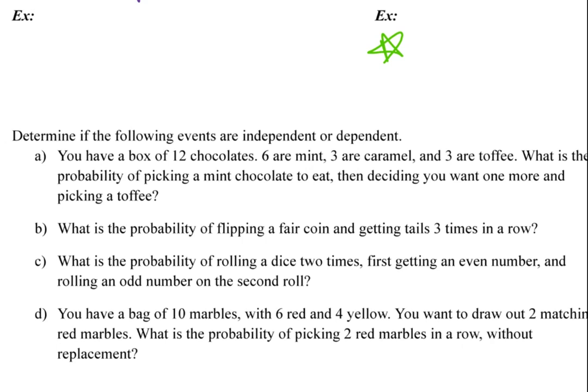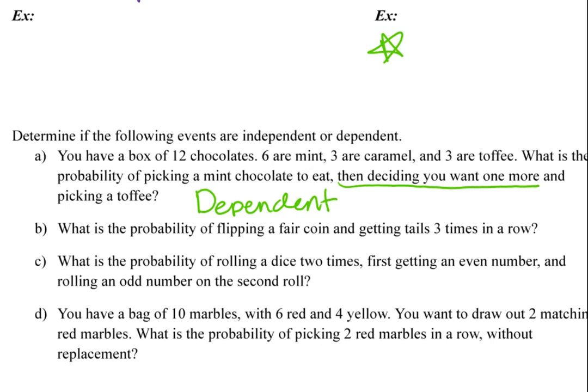Write an I for independent or D for dependent. The keyword in this is then deciding that you want one more. That means I didn't put it back. I decided to grab another chocolate. So this one would be dependent.